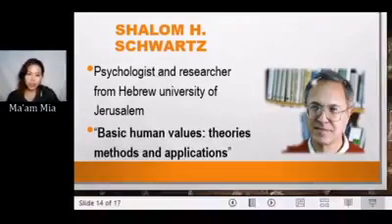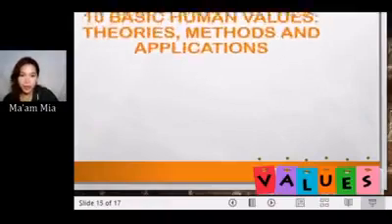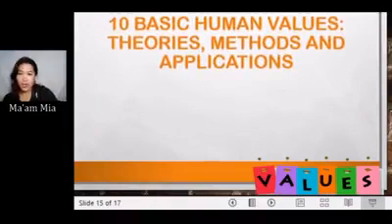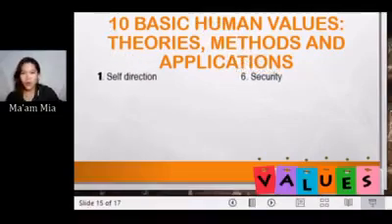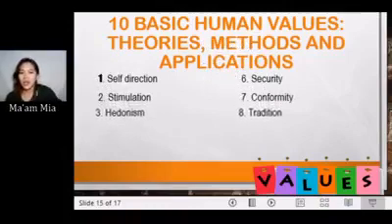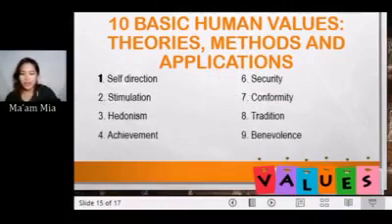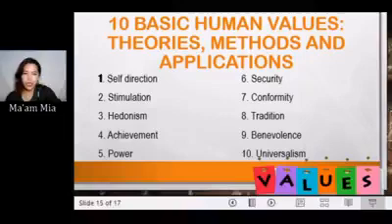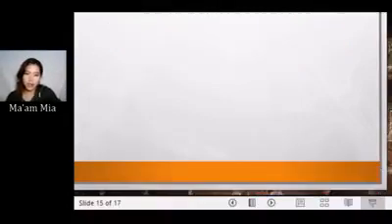He is the proponent of the basic human values, theories, methods, and applications. Sabi niya, meron daw 10 basic human values. Number 1 is what we call self-direction, followed by stimulation, hedonism, achievement, power, security, conformity, tradition, benevolence, and universalism.